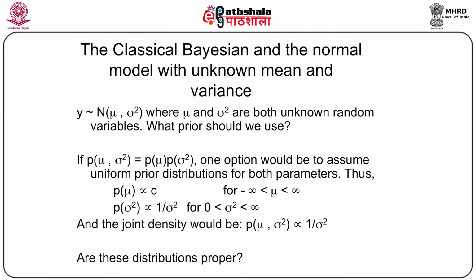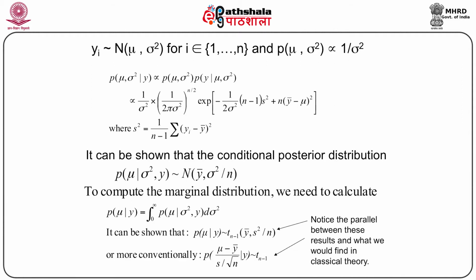Do these distributions produce a proper posterior? That's a very natural question, and we'll see how it does. So to do that calculation, we assume yi given mu and sigma square is normal with mean mu and variance sigma square, i from 1 to n, and then the joint posterior distribution will be just 1 over sigma square times the normalizing constant times the exponential of the terms given in the slide.